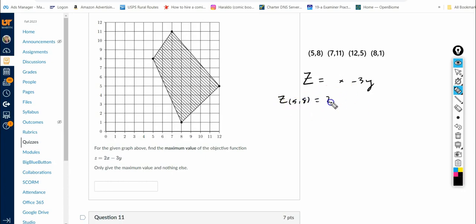So if x is 5 and y is 8, I'm going to have 10 minus 24 to give me that. Now, let's do 7, 11. Then according to this formula, I have 2 times 7 minus 3 times 11, which is 14 minus 33.